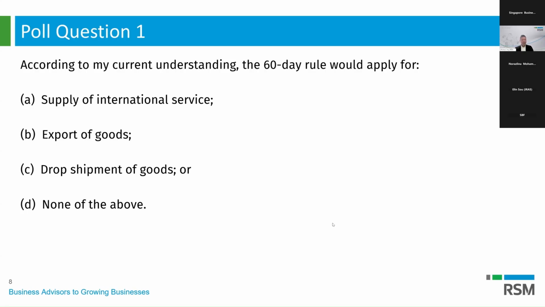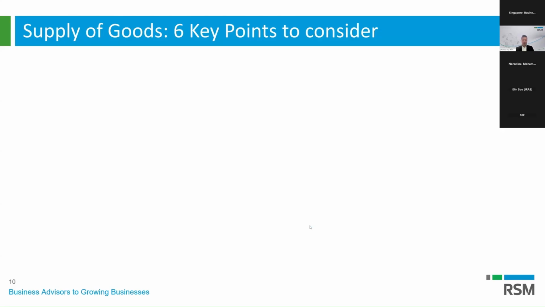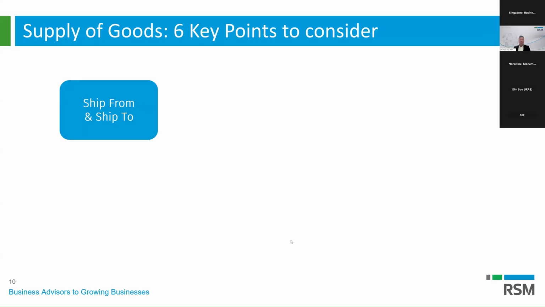Okay, let's move on. As part of my sharing, I also thought it's good to summarize these 6 key points that we have heard earlier from the IRAS sharing as well. In short summary, the determining factor for supply of goods, particularly we heard a lot from clients or participants, we need to look at the bill to party, we need to look at who sent us a PO.